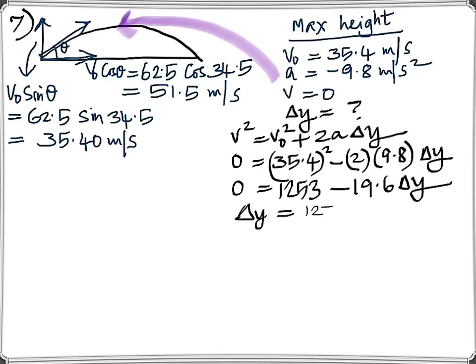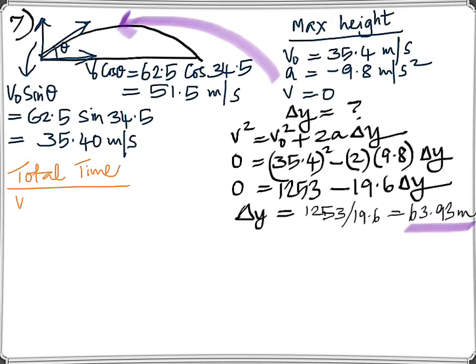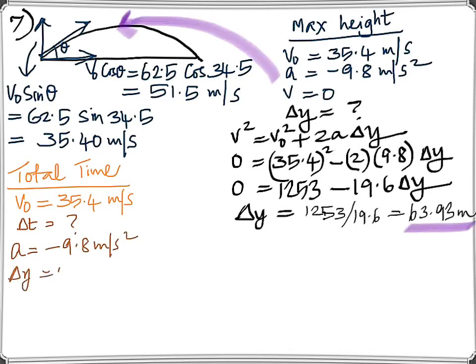To get the maximum height as 1253 by 19.6, which gives 63.93 meter. Now to find the total time, again use the initial vertical, and A is negative 9.8. And we know that delta y is 0 when you consider the whole motion.